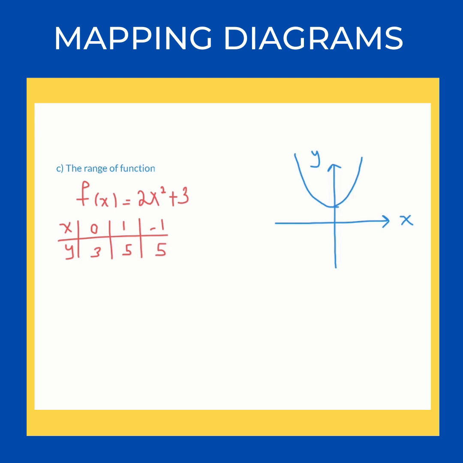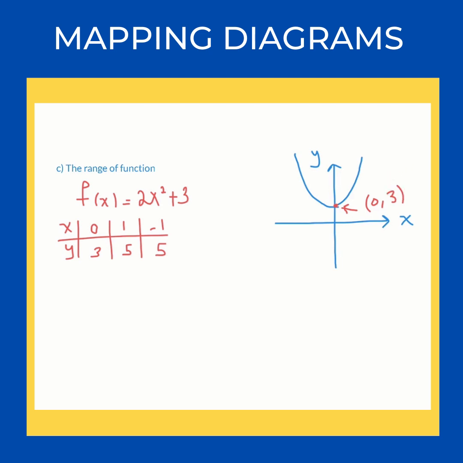When x is 0, y is 3. So this point is 0 on the x and 3 on the y. And all the values of y on the function are greater than 3. So the minimum value of y for this function is 3.